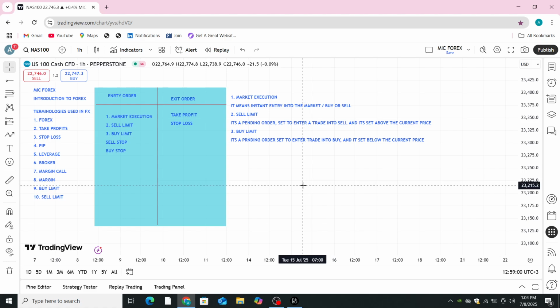I know you're asking yourself, when do you enter the market? When do you exit the market? You enter the market when you have done your analysis and the market has already reached your zones, and you are now confident that what you needed to see you have seen before taking a particular trade or direction.